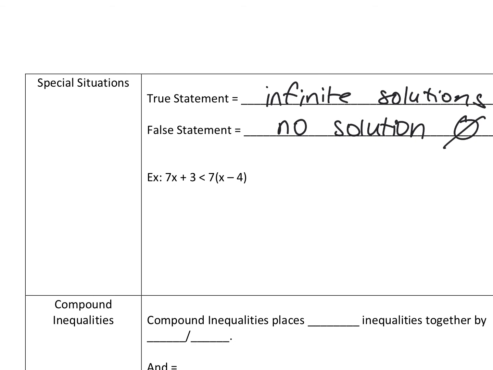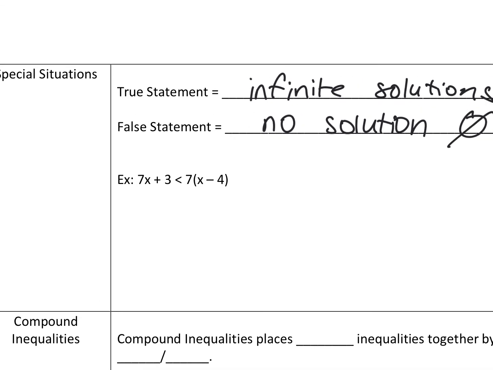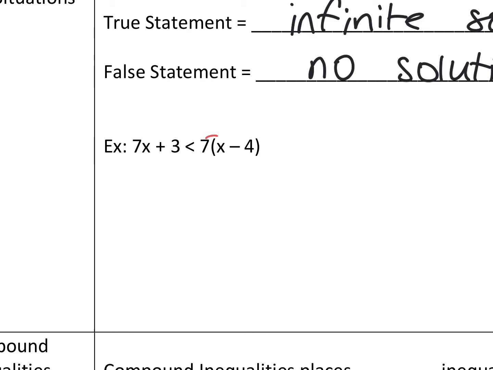So I want you to solve this inequality, and figure out which type of special situation that's going to be. Don't shout it out. All right, so first thing we got to do, if we're following order of operations, is what? Parentheses. Yep, distribute the 7. So we get 7x minus 28.